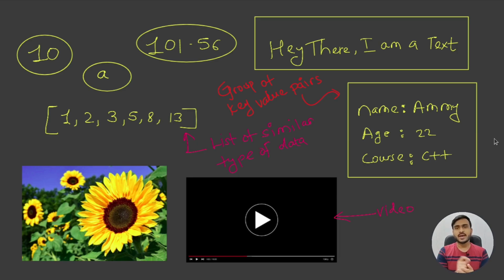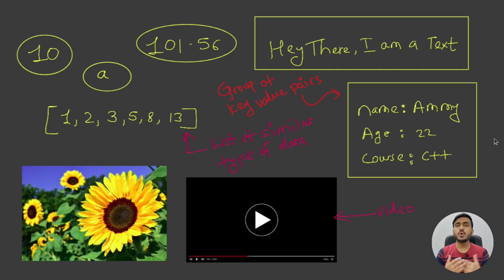You can see I have written name colon Amy, then age colon 22, course colon C++. Basically it's a key value pair where key is name and value is Amy, key is age and value is 22, key is course and value is C++. Then you can also see in the bottom I have one image and one video.